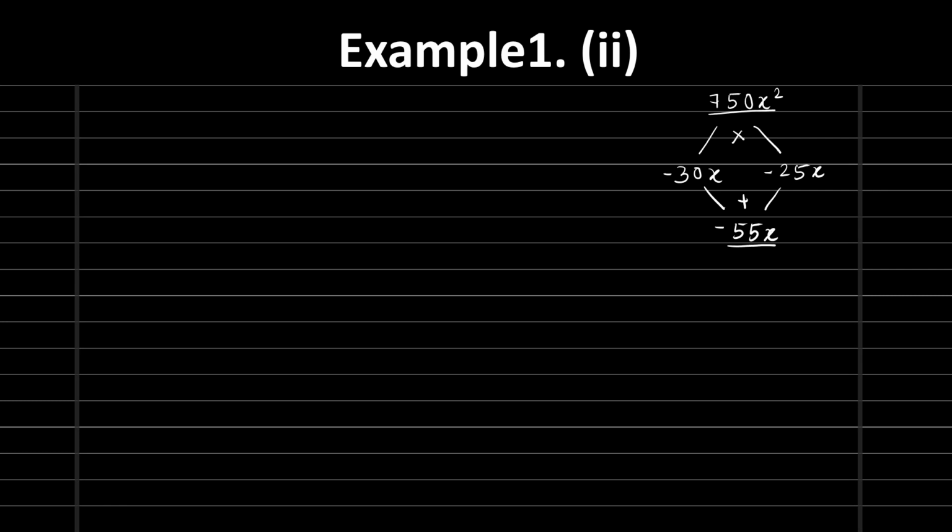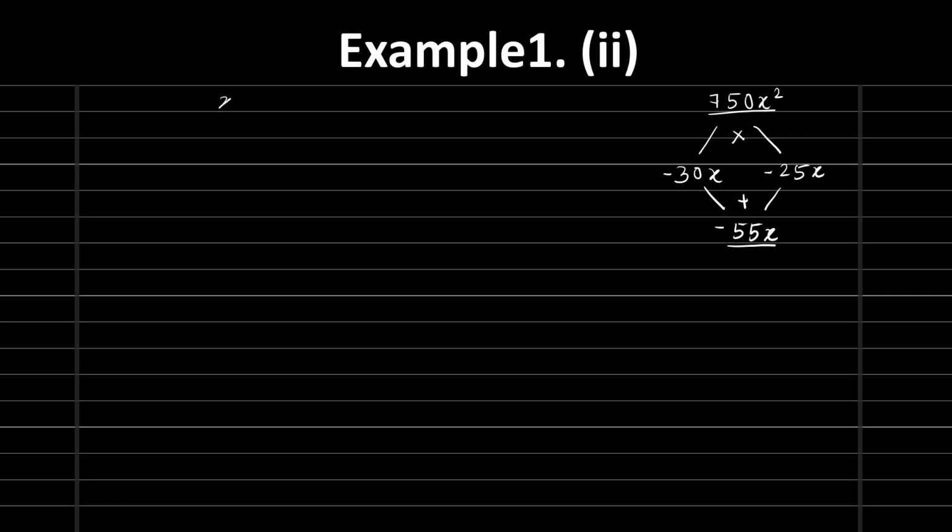For that, you can do the factorization of 750. You will find out two such numbers. Those two numbers will be minus 30 and minus 25. Then you have to attach x to both of them. Then only their addition will give you minus 55x and their multiplication will give you 750x square. So let's try to write down the middle term by splitting.